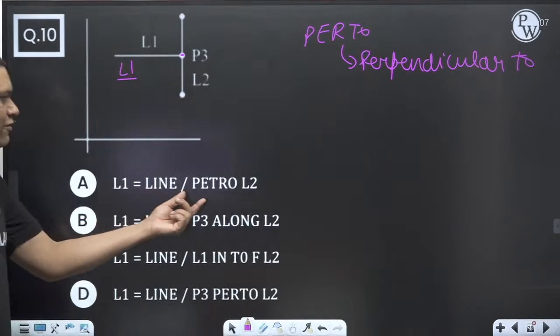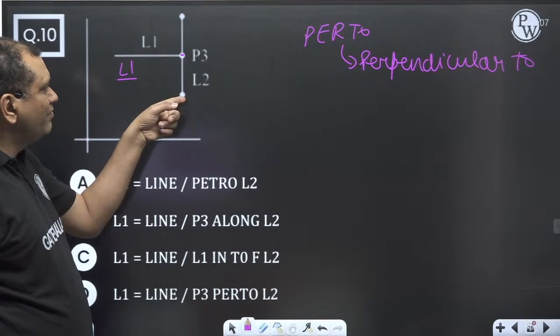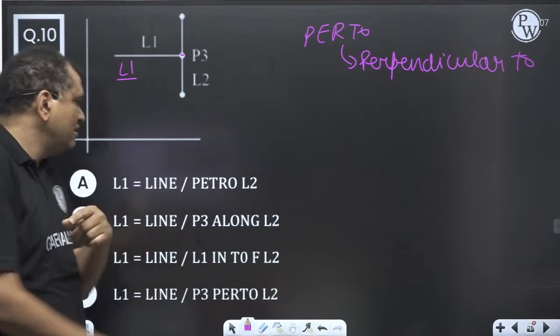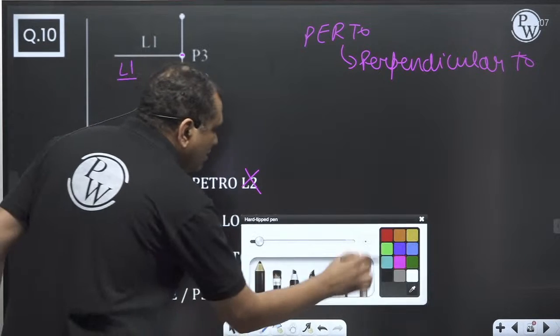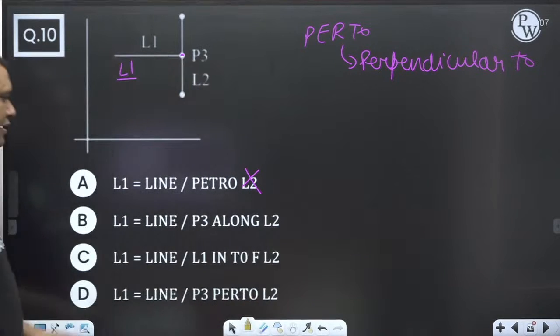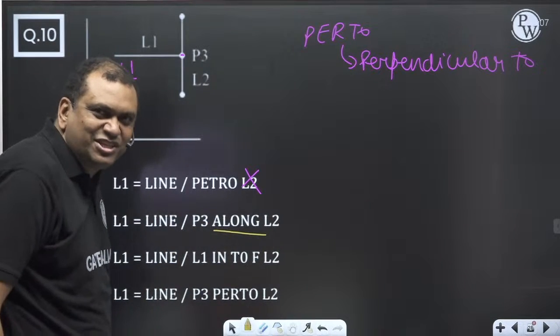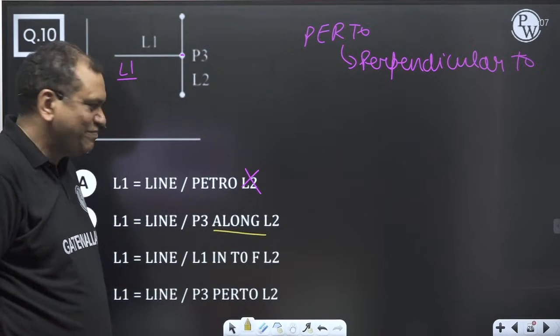Okay. Of course, it's perpendicular to L2. But which point? At least one point should be defined, no? So A cannot be the answer. There is no such command, along, in APT.